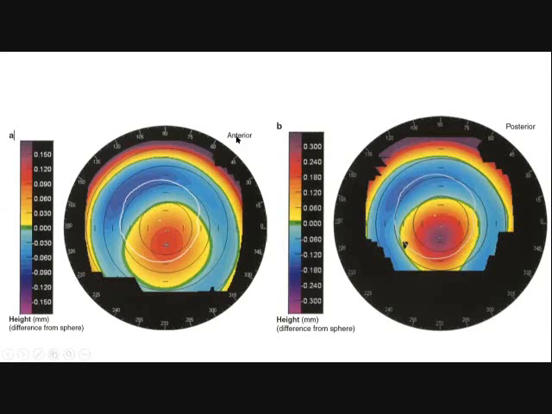This is anterior and this is posterior. Can you make out a difference between the two? The posterior one is steeper. Good. So the posterior one is more steep because the anterior one has red color, but the posterior one has a violet hue. The posterior elevation is more than the anterior elevation.